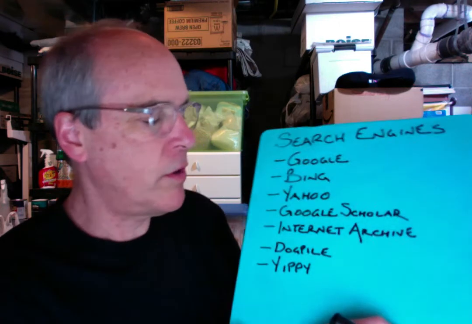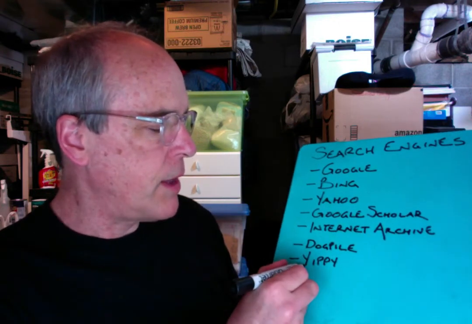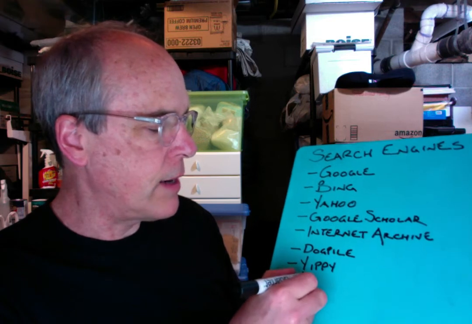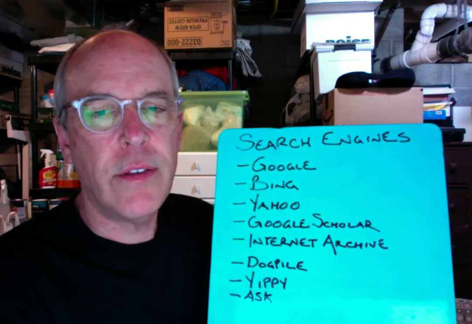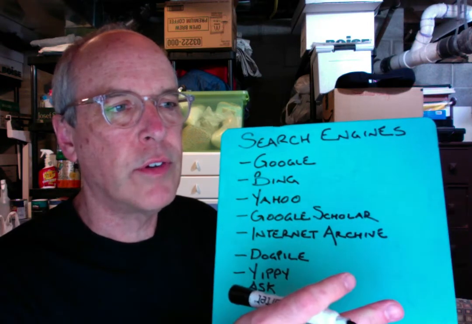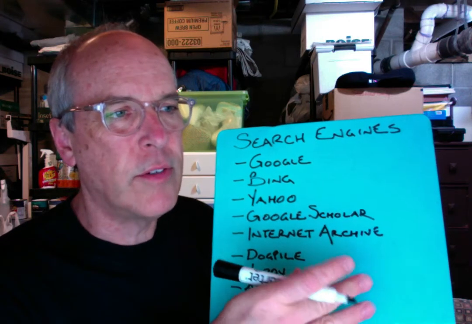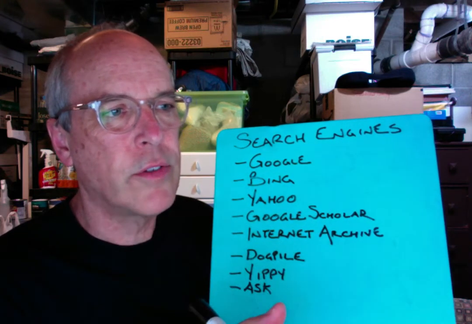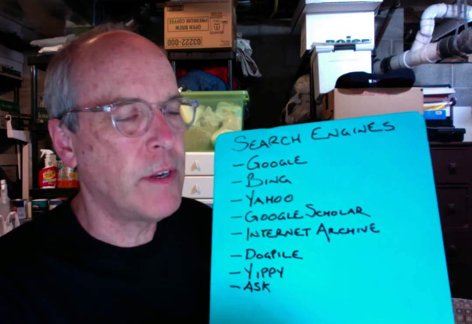So if you do a search through Dogpile or Yippee, or another one is ask.com, used to be called Ask Jeeves. These three are what they call meta search engines. They go out and they search not just the internet websites, but they search through other search engines. And I guess there's some benefit to that.